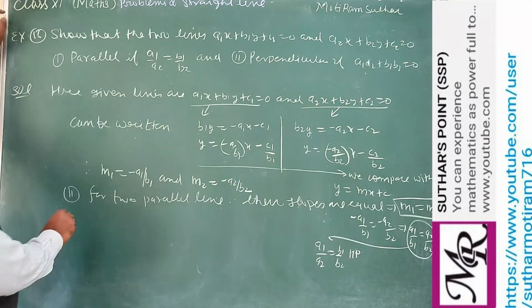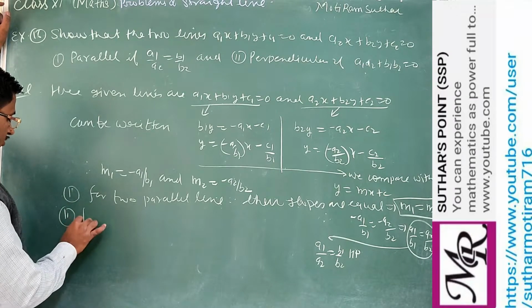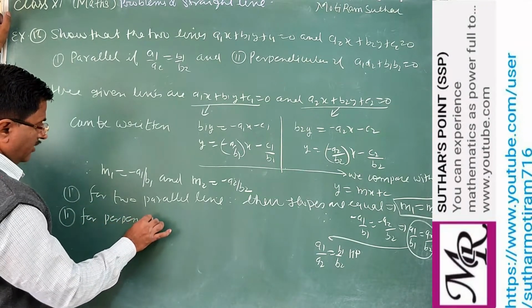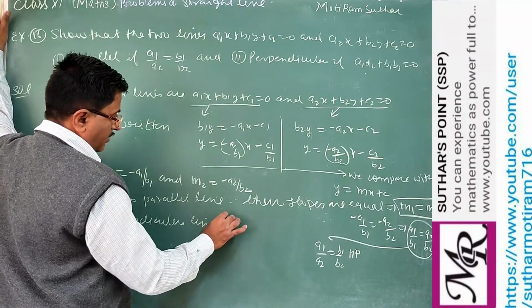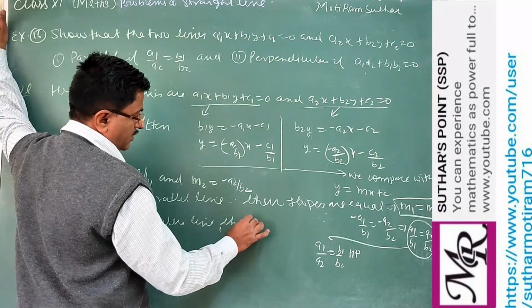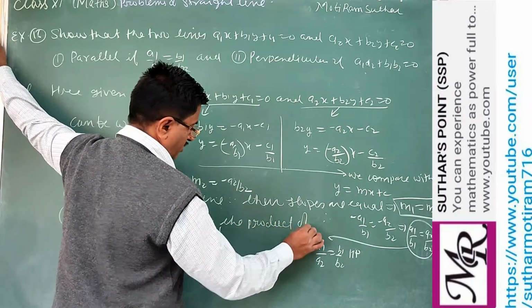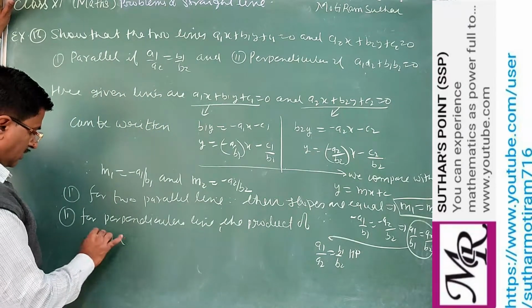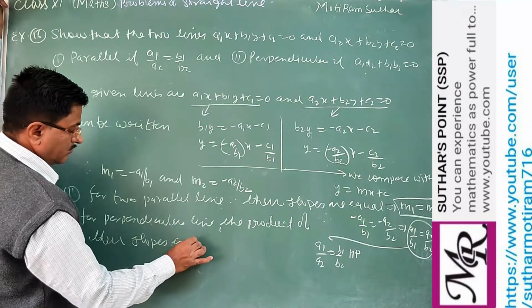Now for the second condition, for perpendicular lines, we know that for two perpendicular lines the product of their slopes is -1.